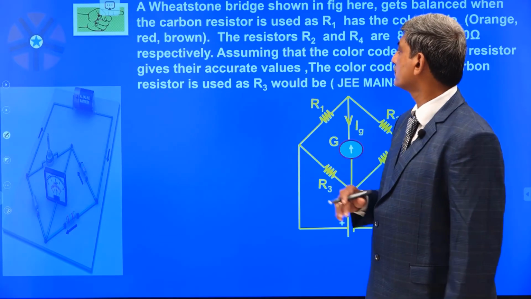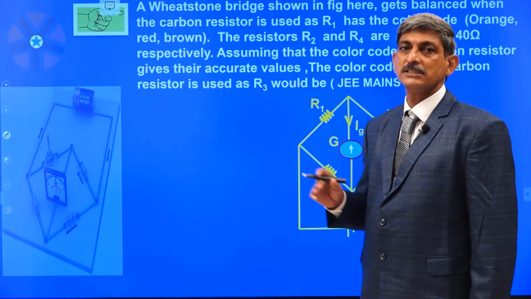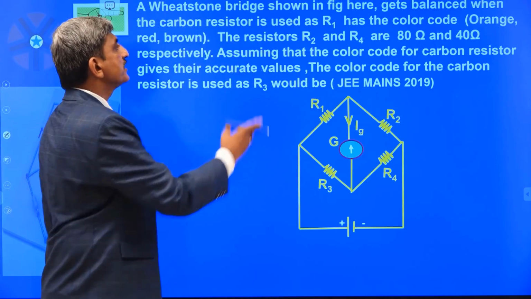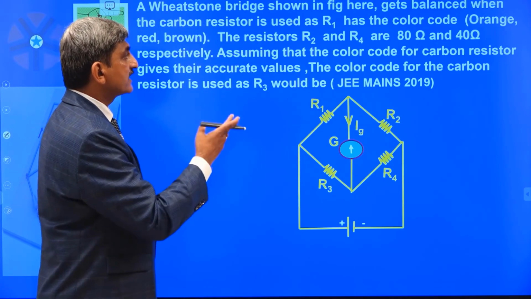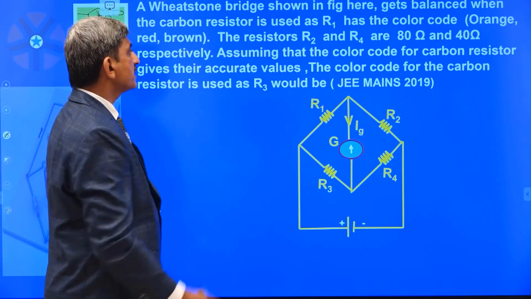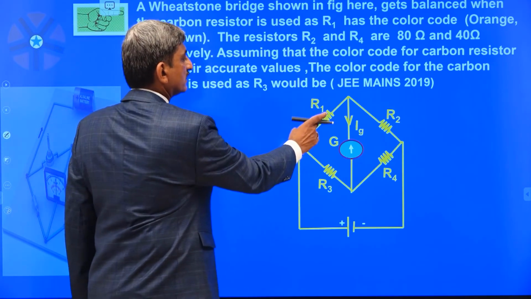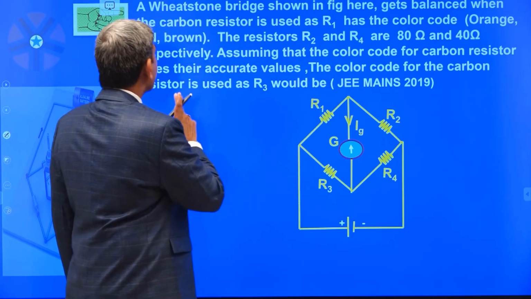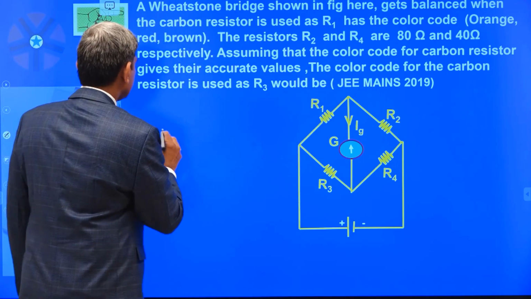One more problem, it is the last one. A Wheatstone bridge is shown in the figure here, balanced when the carbon resistor is used as R1. This is the carbon resistor, which has the color code orange, red, brown.